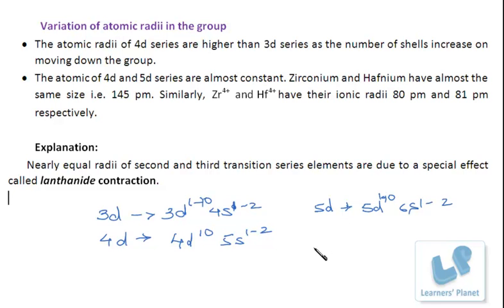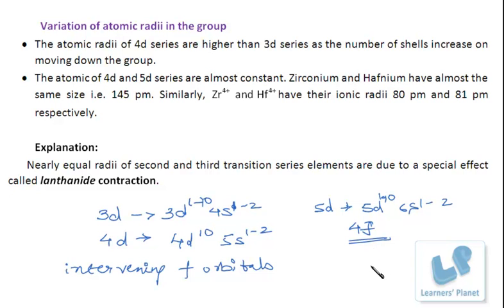This can be explained by the increased number of shells. So if there is an increased number of shells, what all orbitals are there? There are intervening f orbitals. There are 4f orbitals also, or the 4f subshell is also there.